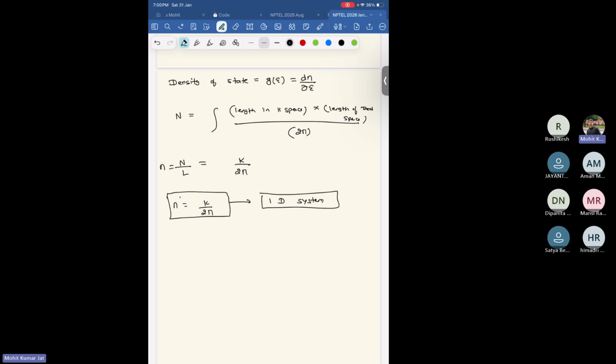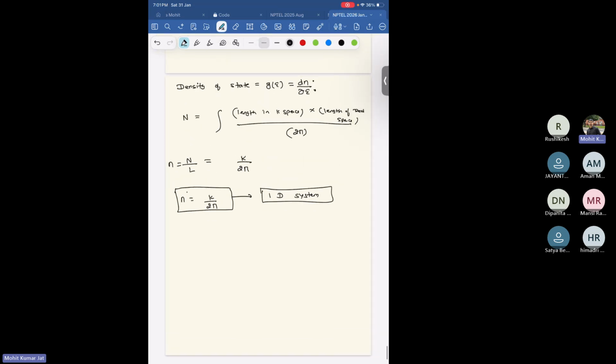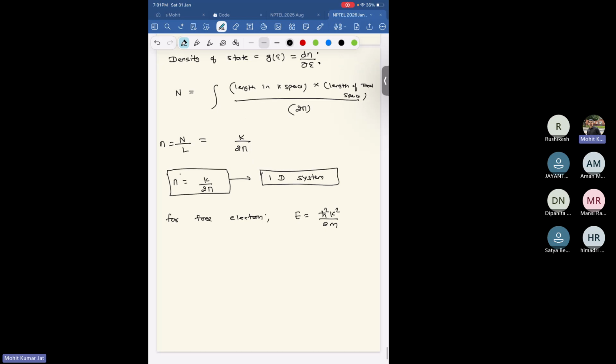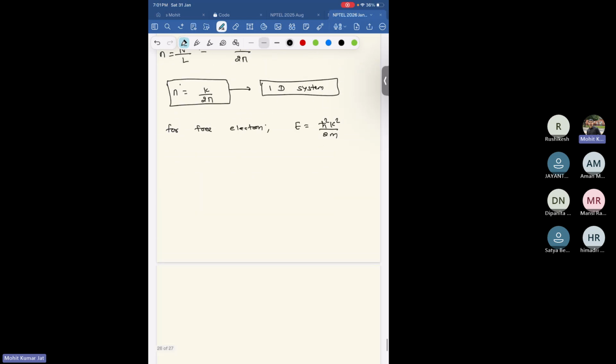Okay. Now we have the relation between n and K, but we want the relation between n and E, and take the derivative with respect to it to get the density of states. So for free electrons, we know energy is what? E equals h bar square K square by 2m, right? So K will be what?